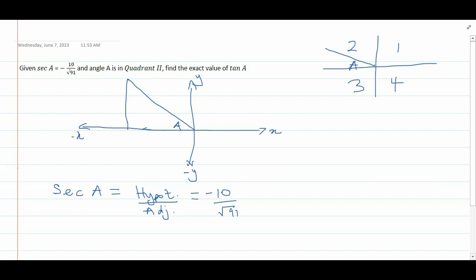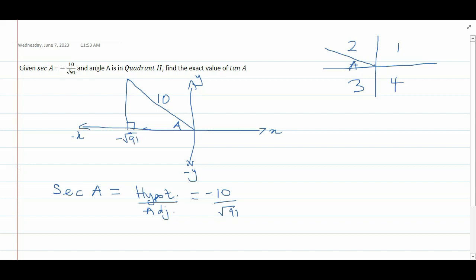If this is where the right angle is, then the side opposite to the right angle, or the longest side, is always the hypotenuse. So that will be considered to be the value of 10. And then the adjacent is negative the square root of 91.